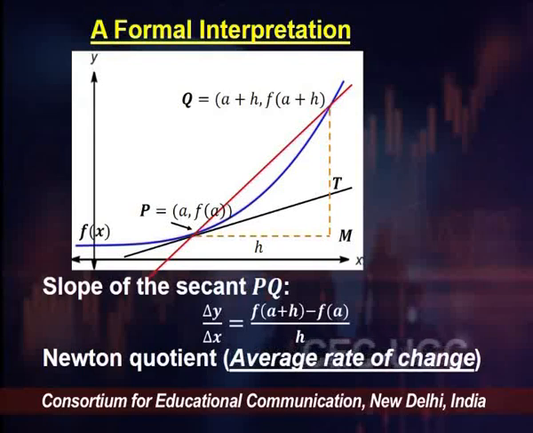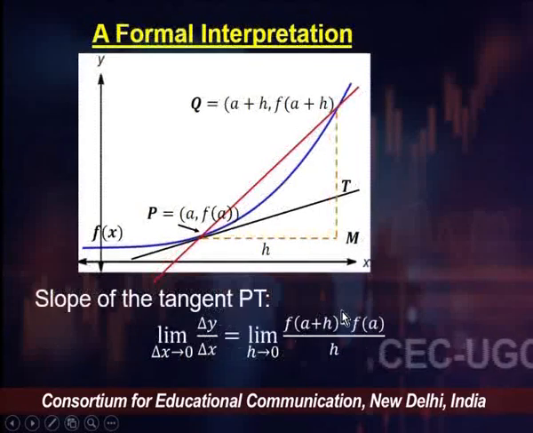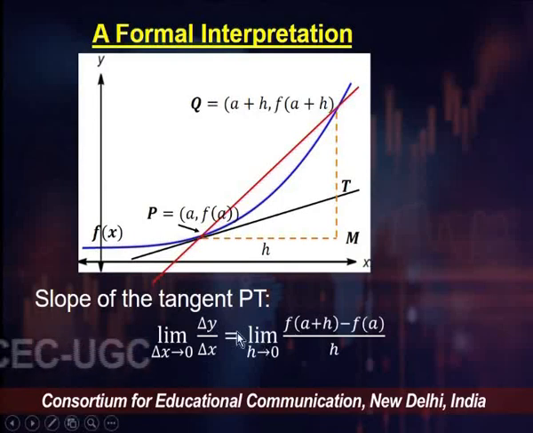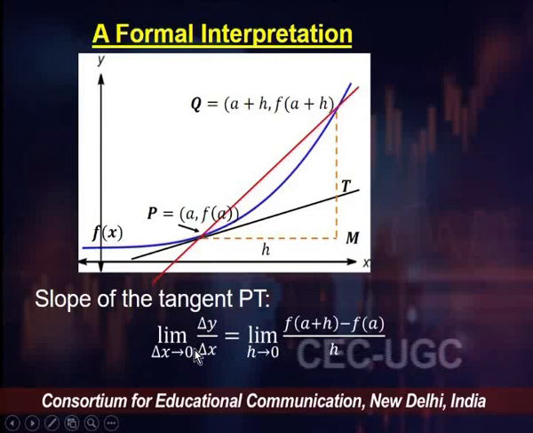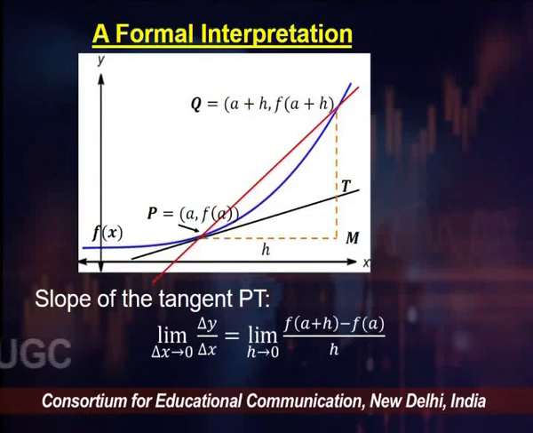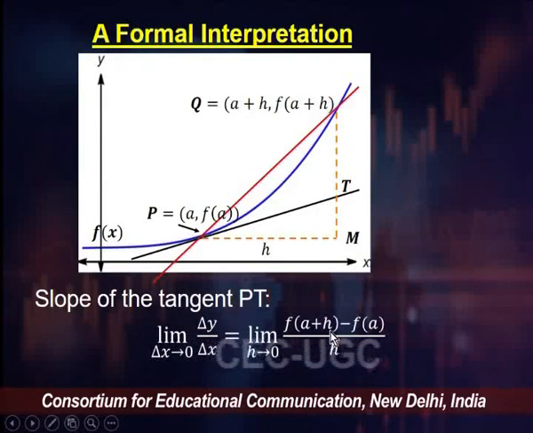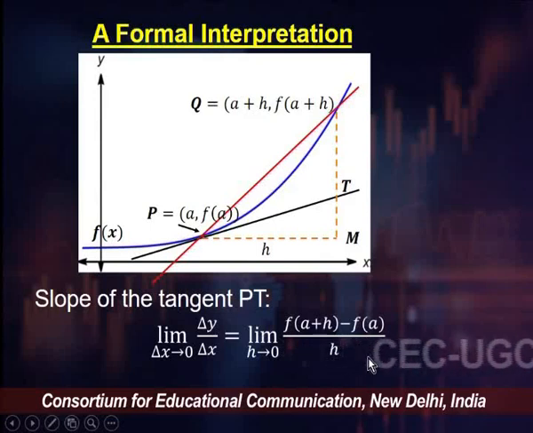Now because in the limit the secant line tends towards a tangent PT to the graph at the point P, the expression here for the slope of the tangent PT would be the limit of the Newton quotient, which is the slope of the secant line. So the slope of the tangent would be reflected by the limiting value of the slope of the secant line, which is given by f of a plus h minus f of a divided by h.